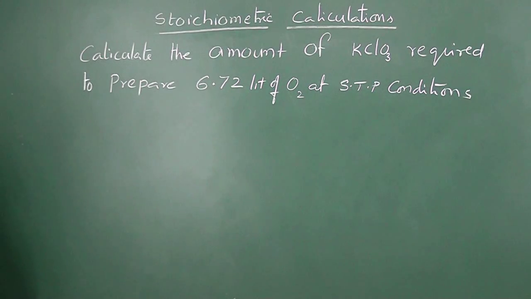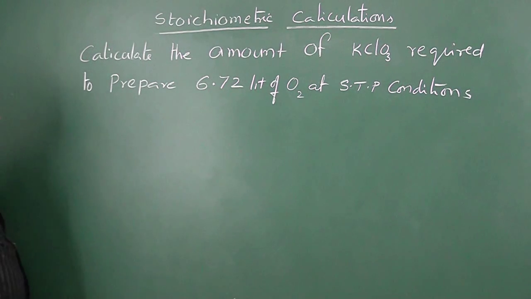Here is another problem. Calculate the amount of KClO3 required to prepare 6.72 liters of O2 gas at STP conditions. We have already done this problem, of course in a different manner. The oxygen is prepared by the decomposition of potassium chlorate.